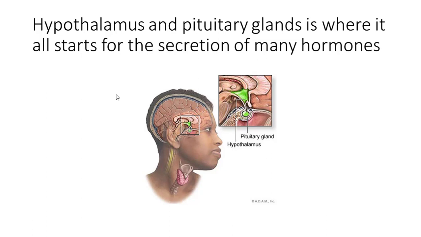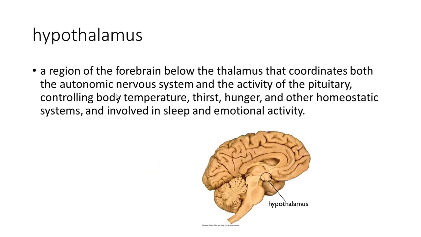The hypothalamus and the pituitary glands are obviously in the brain. This is probably the master or the main gland for the endocrine system. These two are. So the hypothalamus, you can see, is just a tiny, very small area right in the center of the brain.